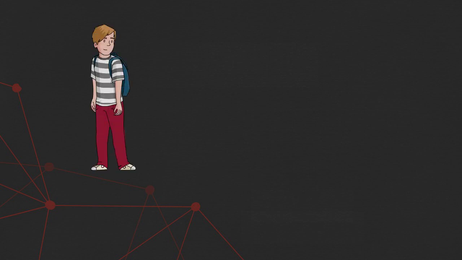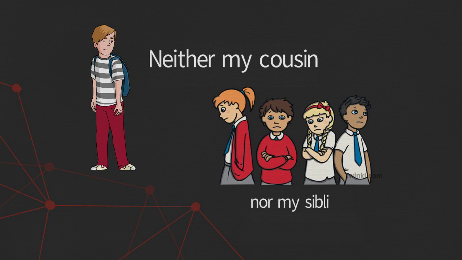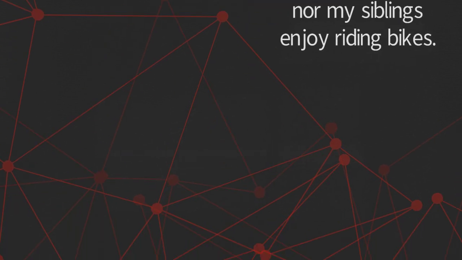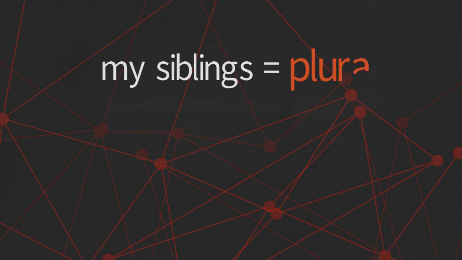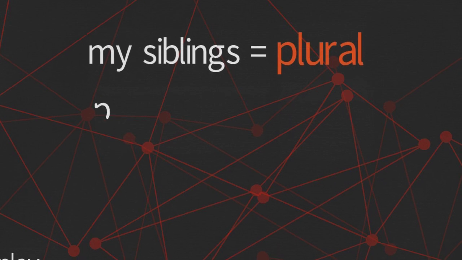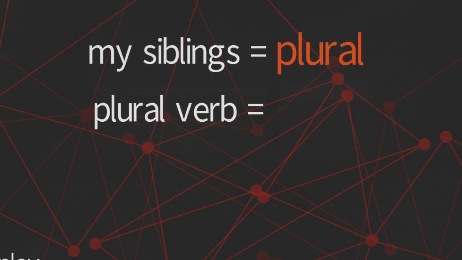Neither my cousin nor my siblings enjoy riding bikes. In the sentence, the second subject is my siblings, which is a plural noun or subject. Therefore, the verb following the subject should be a plural verb. It is important that we do not overlook this rule.